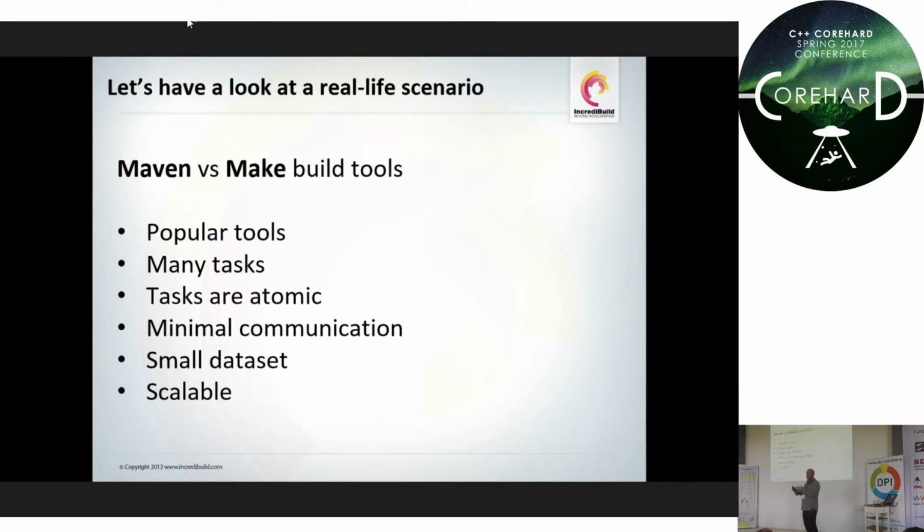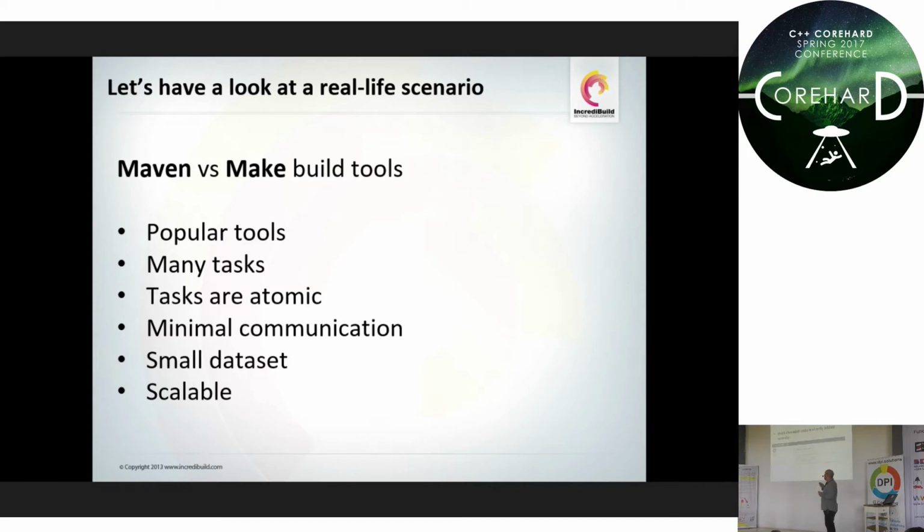So we are going to take these two tools, which started, I believe, more than 10 years ago, and see which strategy each of them took and where it led them. We can learn from it in our scenarios as well. Maven is multi-threaded. They decided to go for multi-threaded, and Make is multi-process.